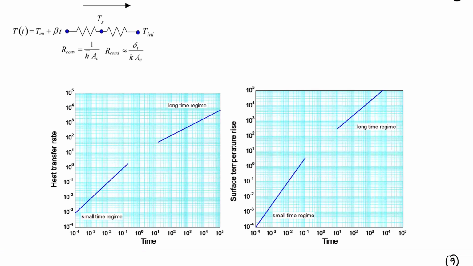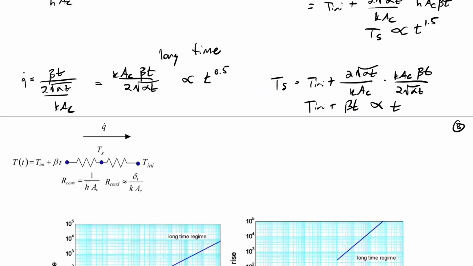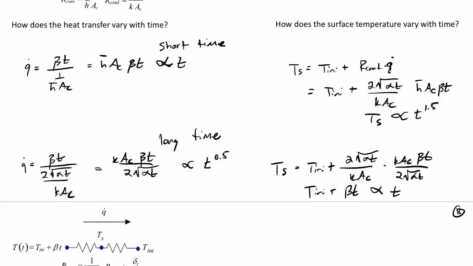For heat transfer in the short time domain, the heat transfer rate should grow in proportion with time. That means for every order of magnitude increase in time, we should have an order of magnitude increase in temperature. As we move to the long time domain, every order of magnitude in time should correspond to about a half order of magnitude in heat transfer.